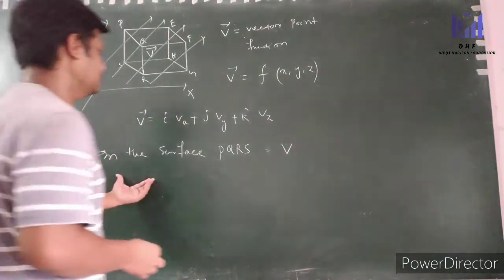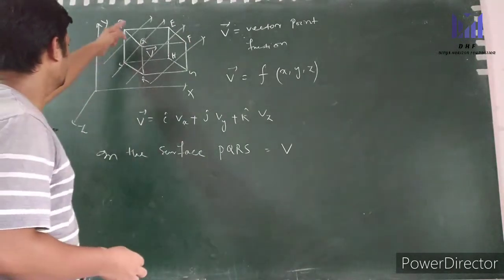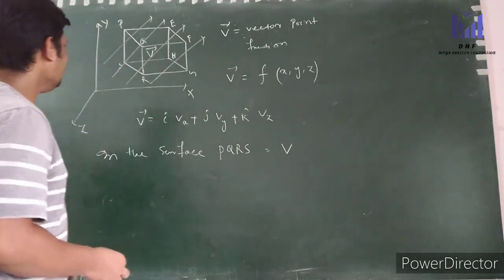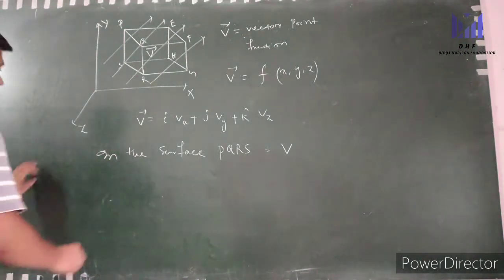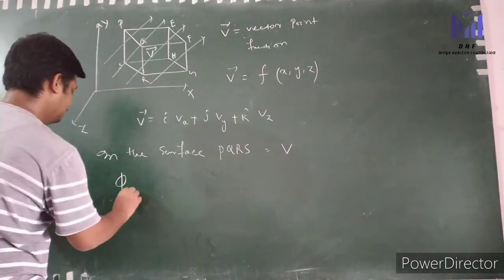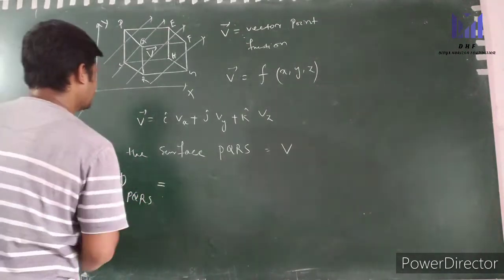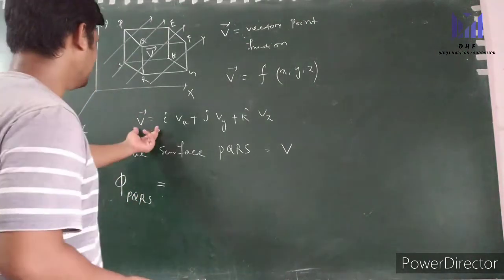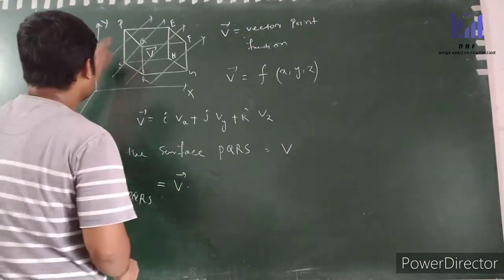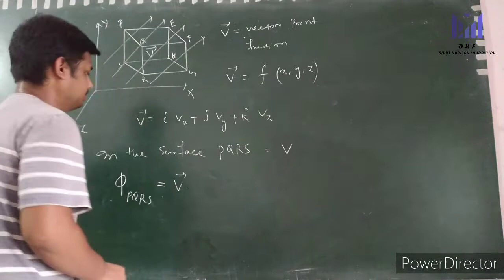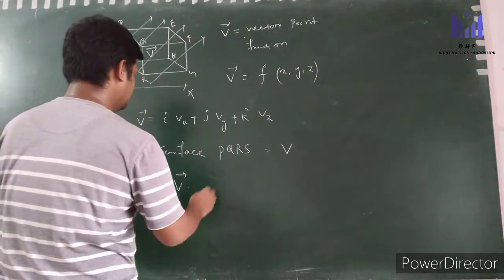So we are calculating the flux through this surface PQRS. The flux phi PQRS is equal to the v vector dot this surface area.